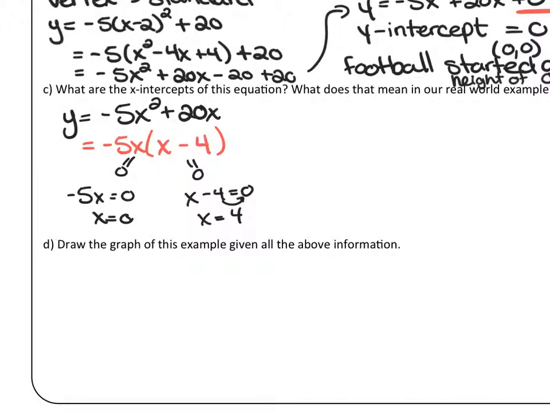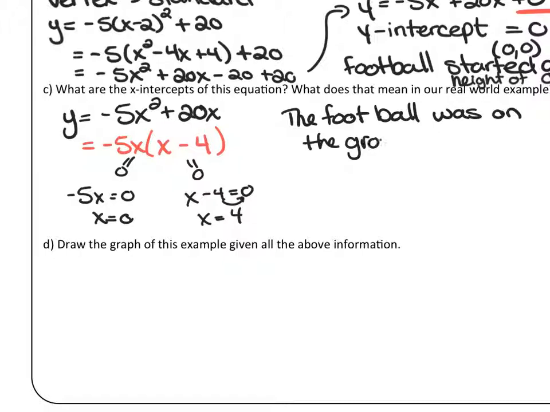So our x-intercepts are at 0 and 4, which means the football was on the ground at 0 seconds, that's the first one, and at 4 seconds, that's the second one.